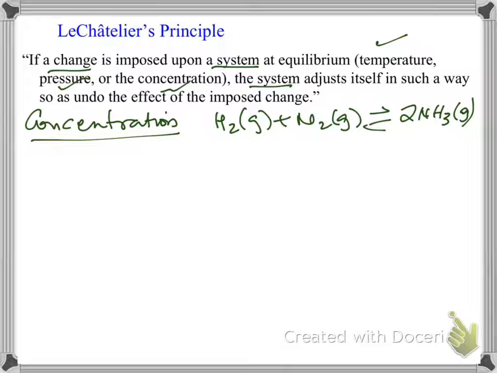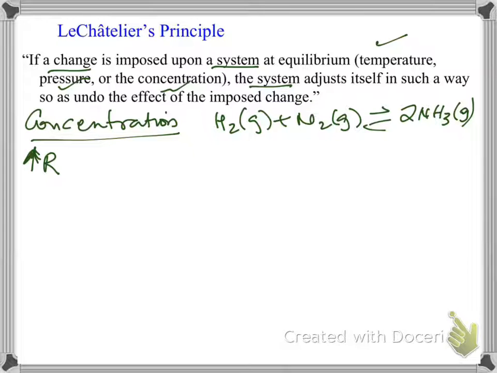So in this reaction, let's say I increase the concentration of a reactant, meaning the reaction is in equilibrium in a container, and I add a little bit more hydrogen. If I add a little bit of reactant, then my reactant is a stressor, stressing the reaction, and the system wants to get rid of it.